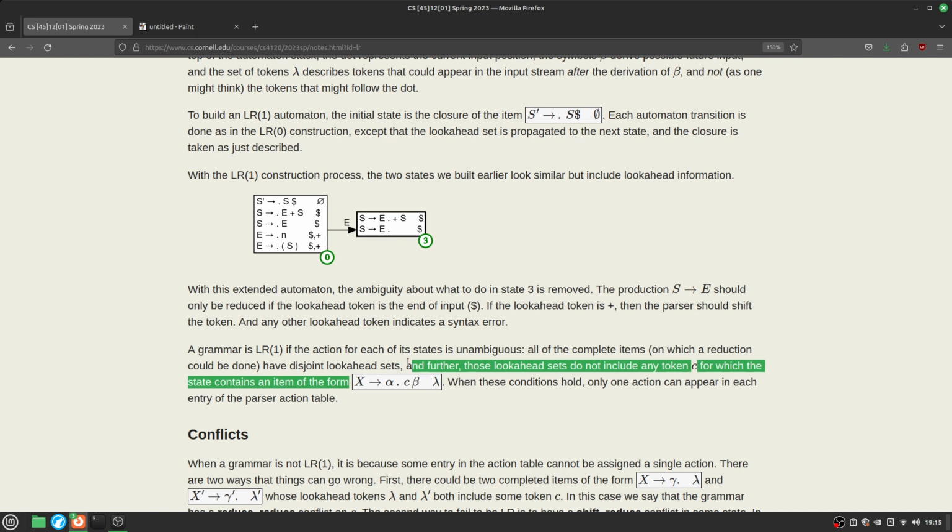Well, okay, yeah, I'm guessing what it's saying is if any of the look-ahead sets contain a token C, and we still have an item where we can scan in a C, then we're not done. We should scan in the C and continue parsing, create new states, whatever. I think that's what it's trying to say. When these conditions hold, only one action can appear in each entry of the parser action table.